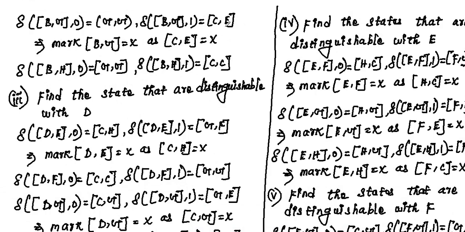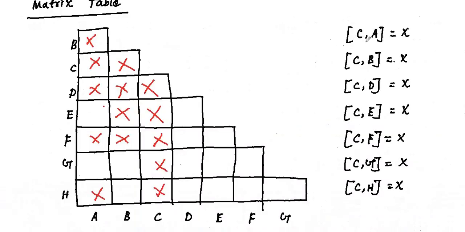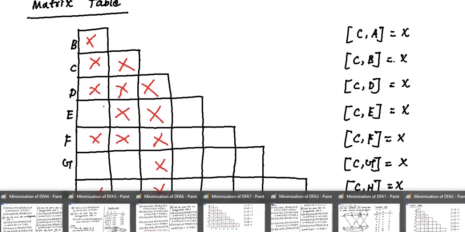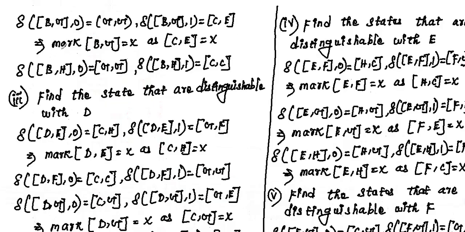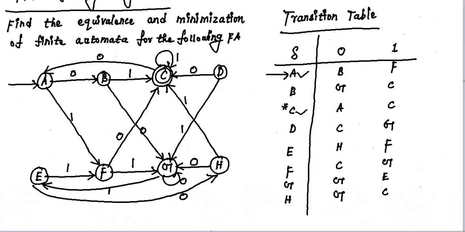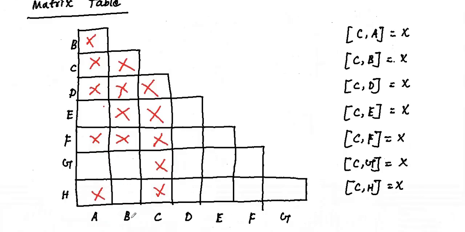In these two answers, CE we already put a cross mark in the first step. Then here you mark B comma G equal to cross mark because C comma E equal to cross mark. Go to the matrix table. In this matrix table, B comma G. So BG is a cross mark.